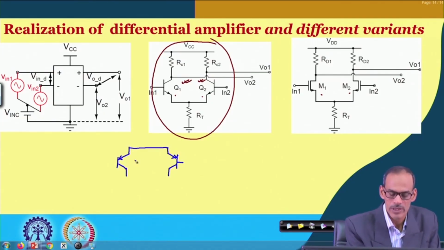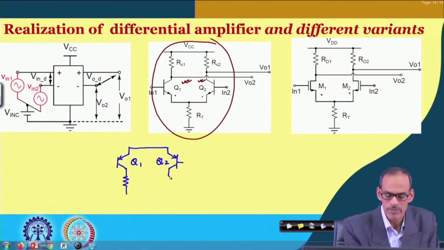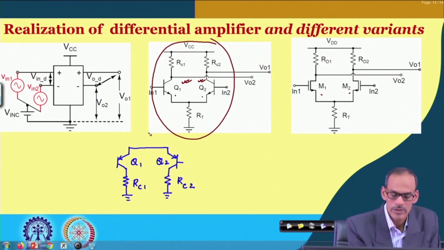So, now we call these Q1 and Q2, and as I said, they should be identical. Then we can have passive resistors called RC1 and RC2, which may be connected to ground, and then the tail resistor RT is now connected to the supply VCC.